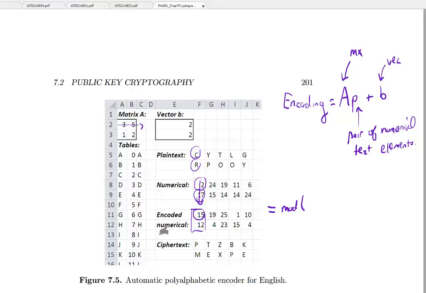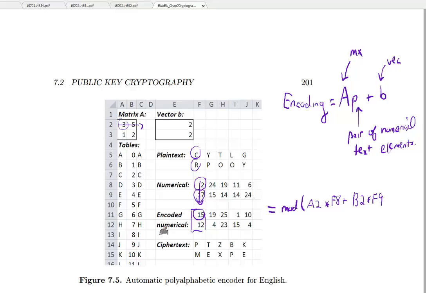Well, I have the first one here is A2, and then I have times, and this number here is going to be F8, plus B2 times F9.